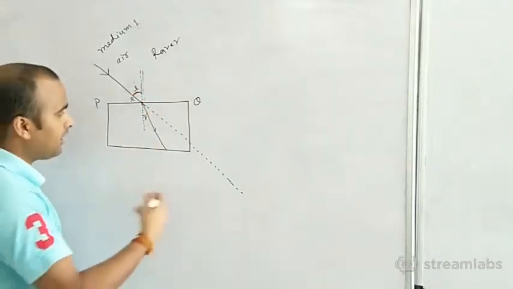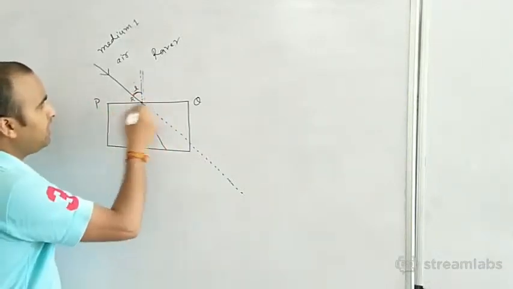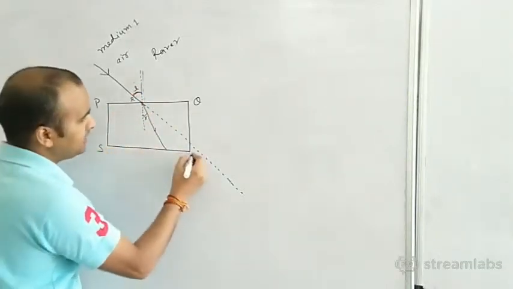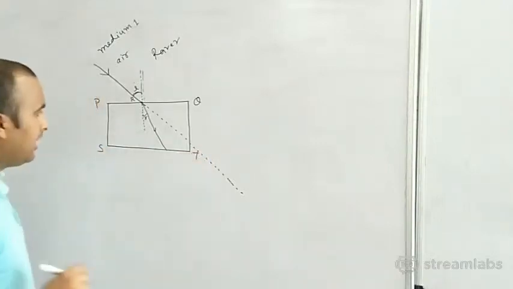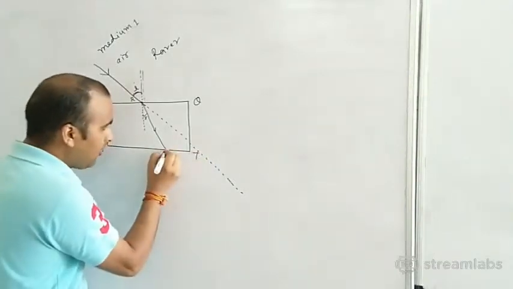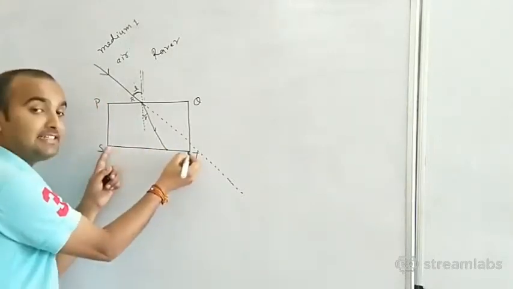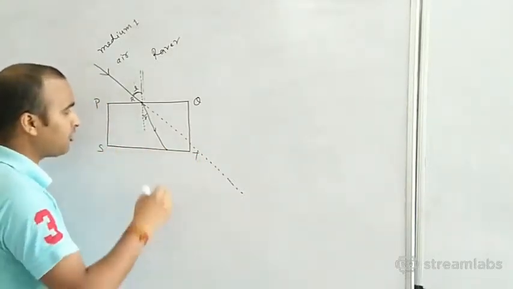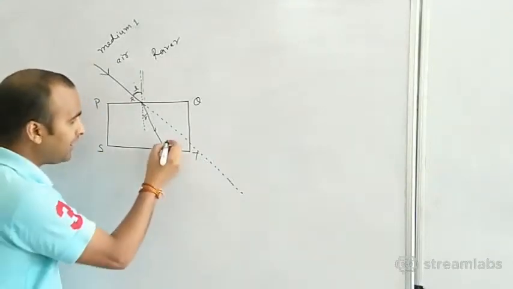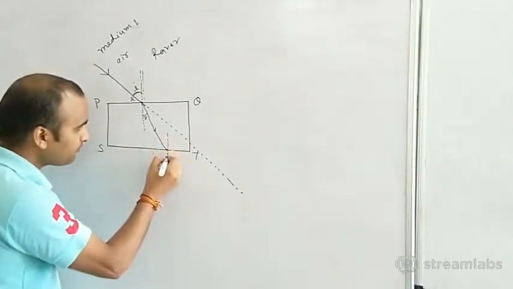Now this is the another surface, S and T, ST. This is the point of incidence for the surface ST. Again I draw another normal like this.